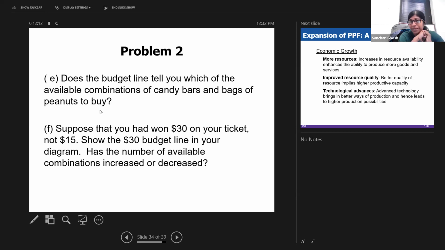For that, we have to wait a little bit in our lecture to come to that point in our microeconomics course. Now, if you increase the budget line, the available number of candy bars and peanut bags will also have increased. So once you increase the budget, this has to increase.